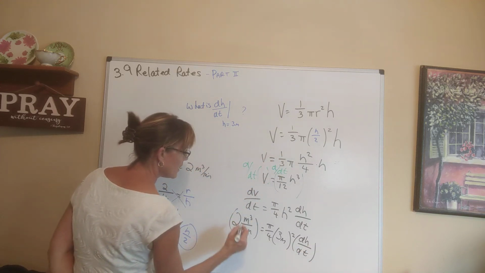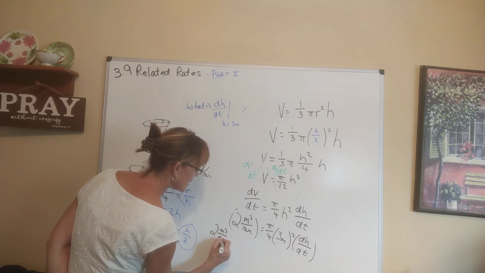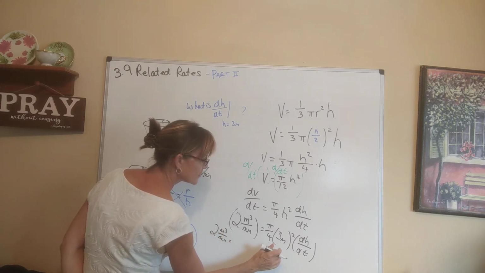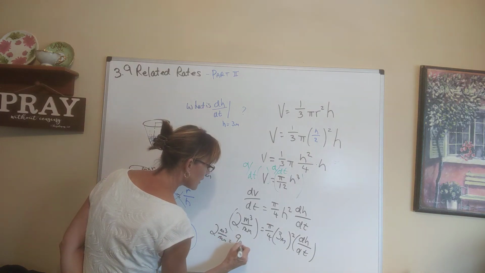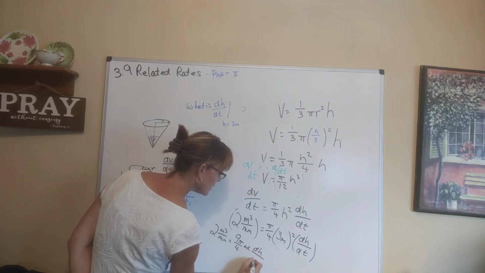So this is going to be 2 cubic meters per minute is equal to 3 times 3 is 9 pi over 4 meters squared, dh/dt.